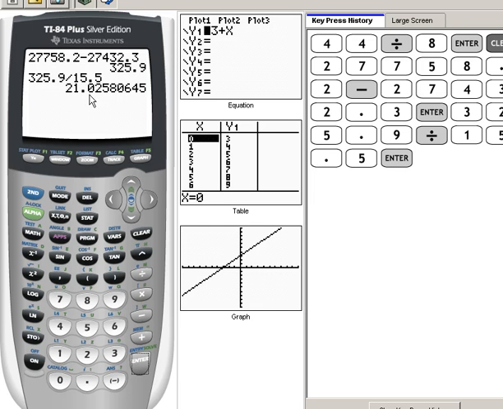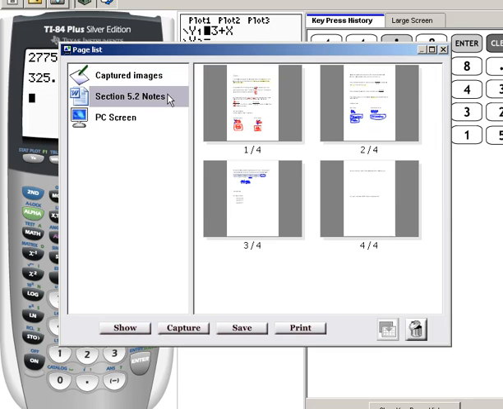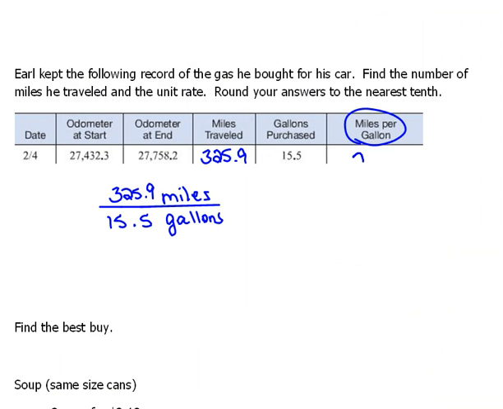So if you'll remember your rounding rules, we have to look one place to the right, and that tells us what to do, whether to round this 0 up or leave it alone. Since this is not 5 or more, we have to leave that alone. So as an answer, we would have 21.0 miles per gallon. So we would have these two answers.